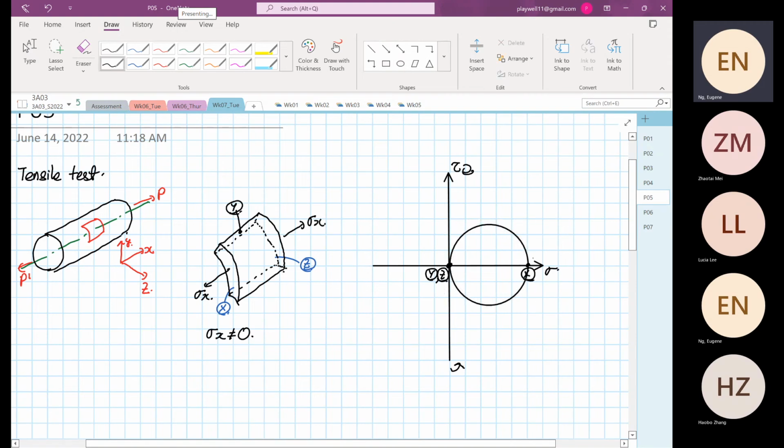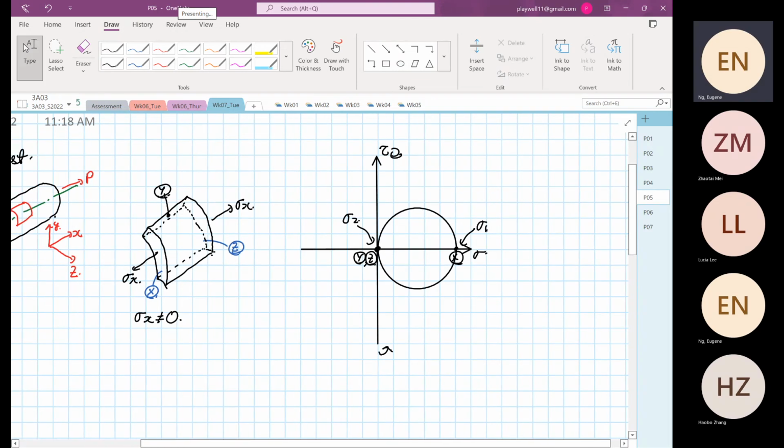So this point over here is our stress 1, and this point over here is our stress 2. And once again, you can see that stress 1 and 2 are the principal stresses, where the shear stress is equal to 0.